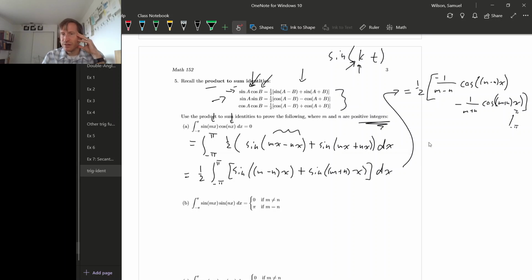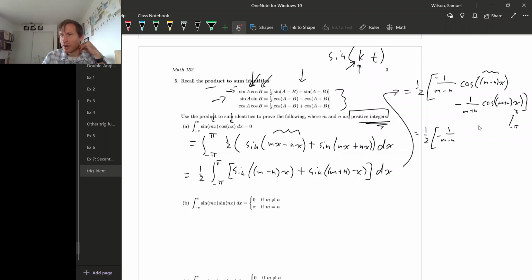Okay, so let's see, 1/2 times minus 1 over m minus n. So when we plug in pi, right, m and n are both integers, right? That's part of the setup here. m and n are integers, so cosine at an integer multiple of pi is going to be either plus or minus 1.